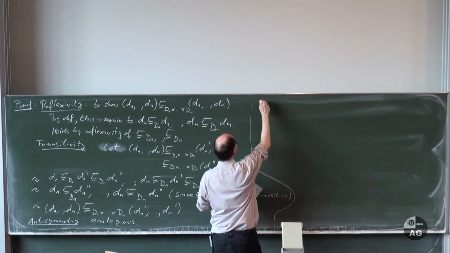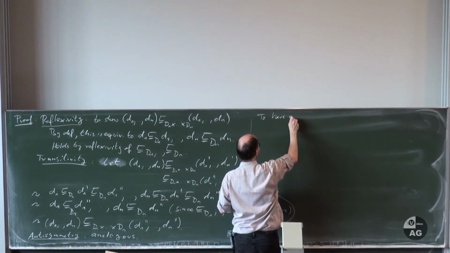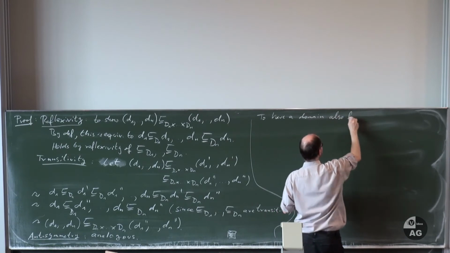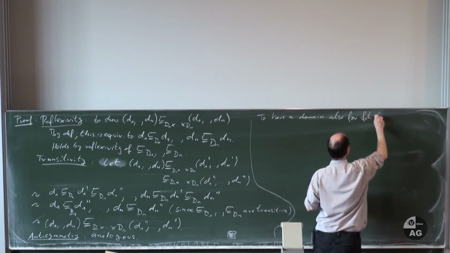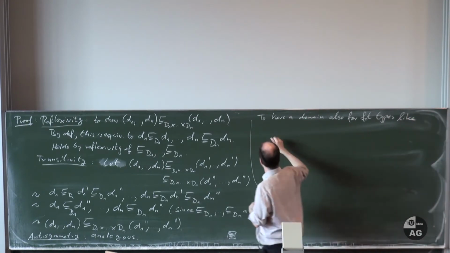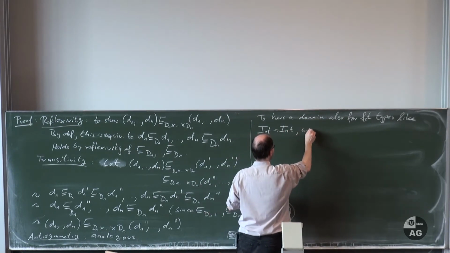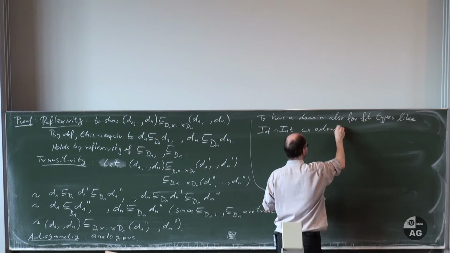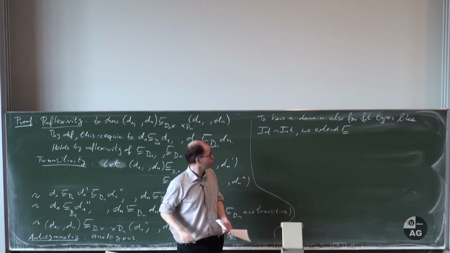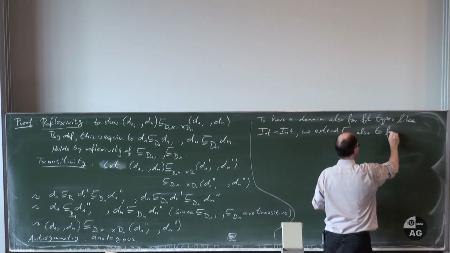So to have a domain also for function types, something like int to int, we extend this less defined or equal relation not only to tuples, but also to functions.